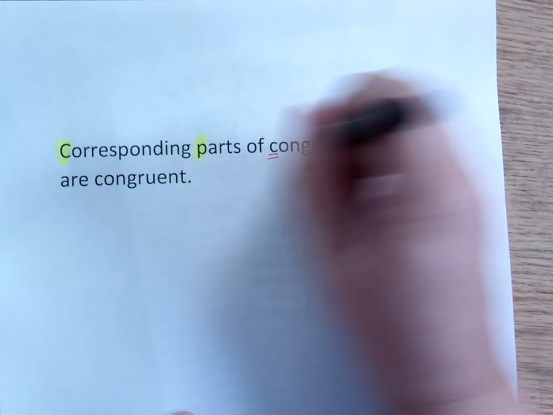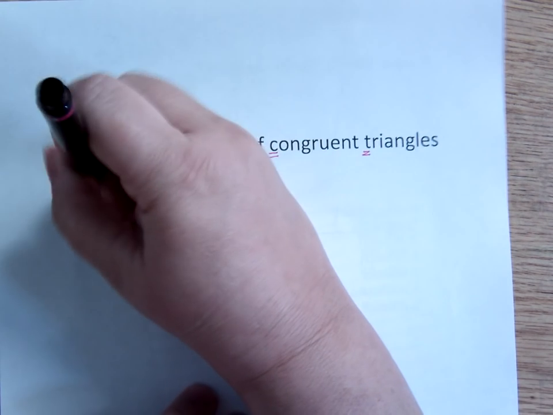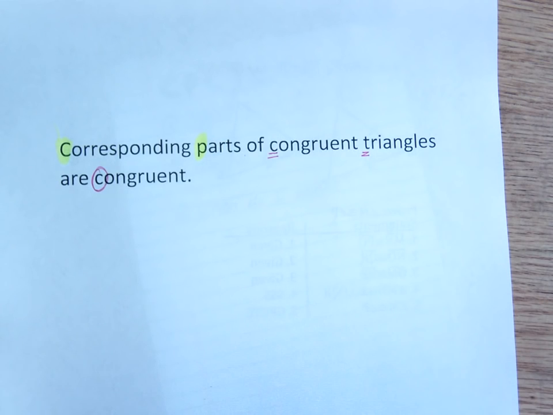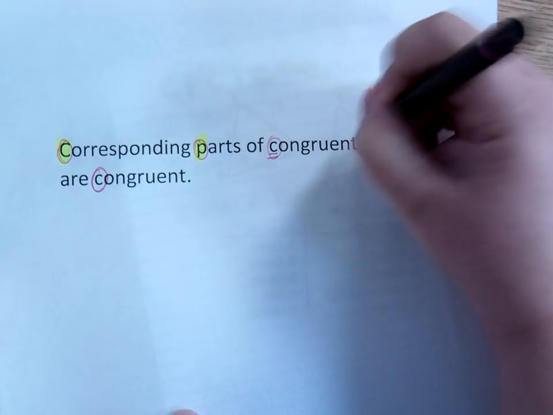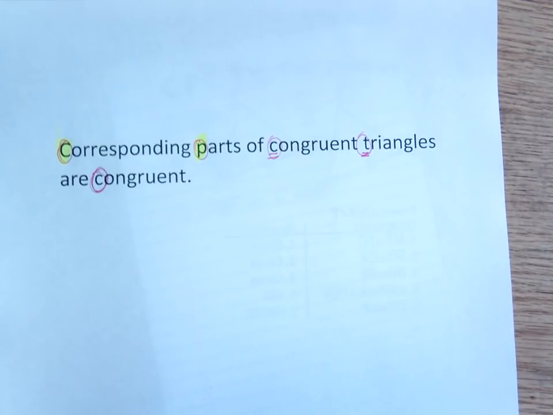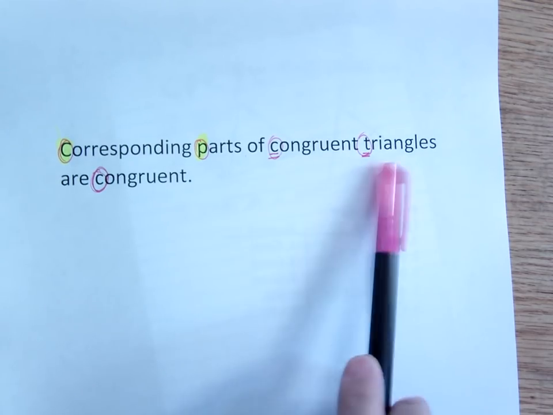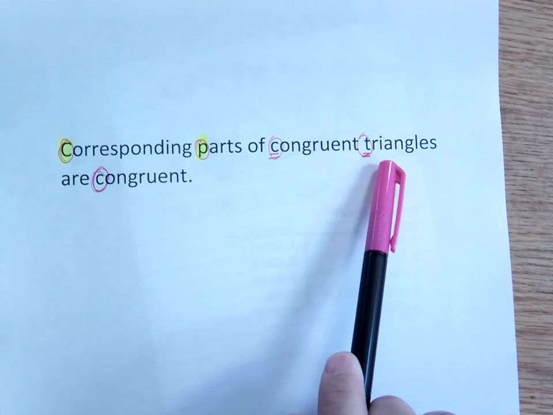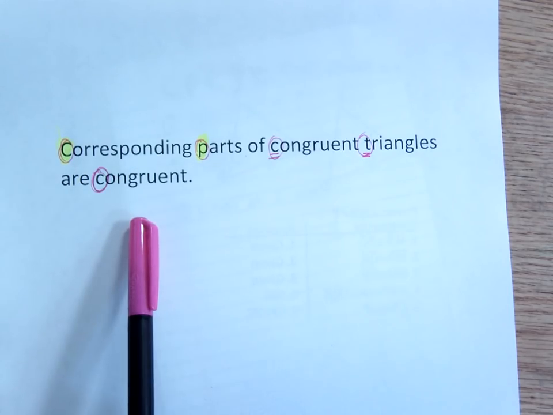Congruent triangles are triangles that have all the same side lengths and all the same angle measures. So here's my CPCTC. All it is is a sentence that tells us that if I know that I have congruent triangles, then their corresponding parts must be congruent.